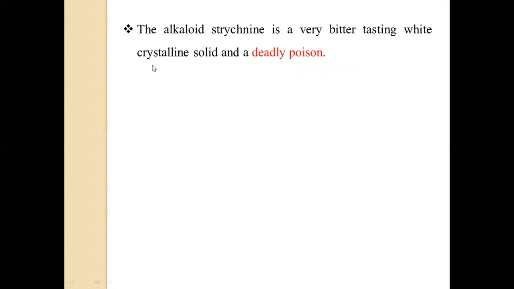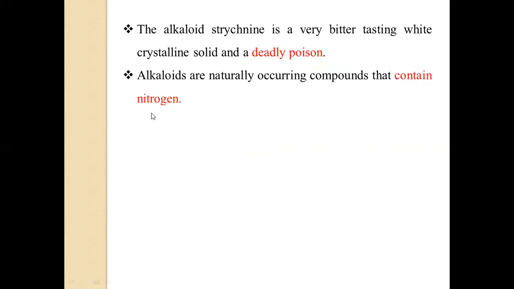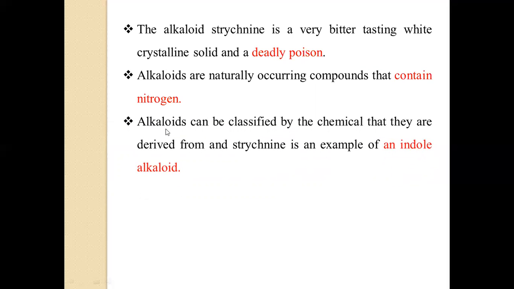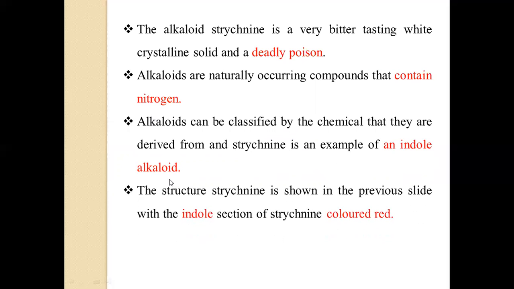So as we have already seen, it is a crystalline solid and it is deadly poisonous. We have seen that there are 2 nitrogens. It contains nitrogen, that's why it is called an alkaloid. Another point which we have already seen is that it is an indole alkaloid because there is a benzene ring, and adjacent to the benzene ring, there is a heterocyclic ring having 5 members, and among the 5, one is nitrogen.